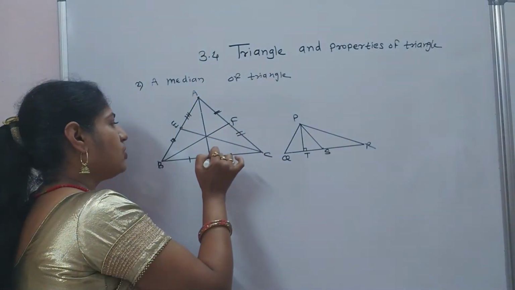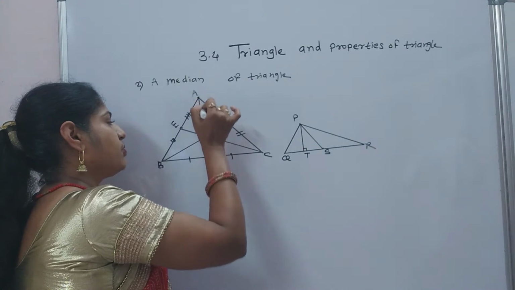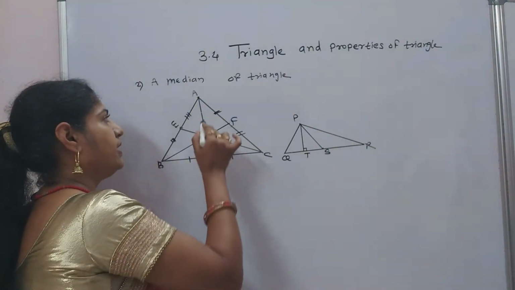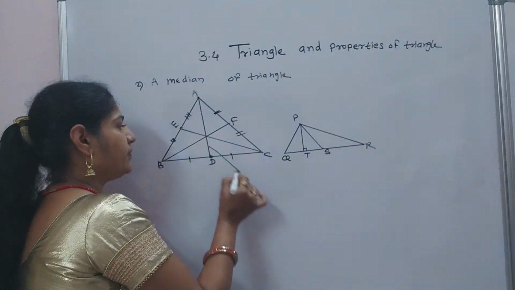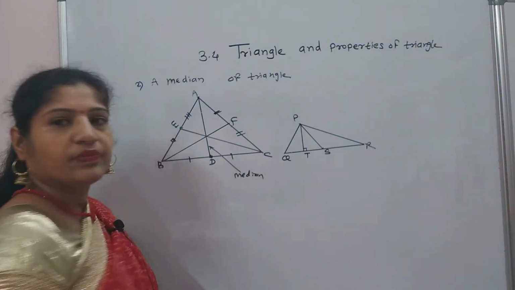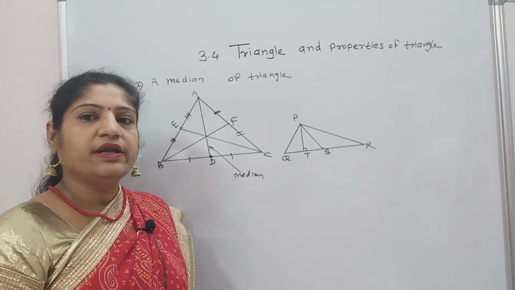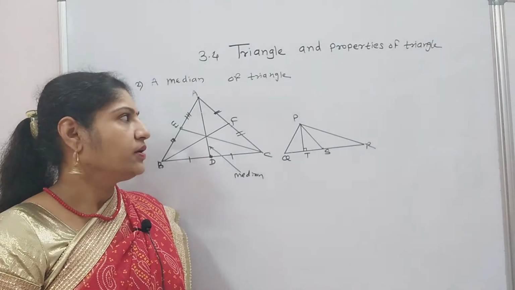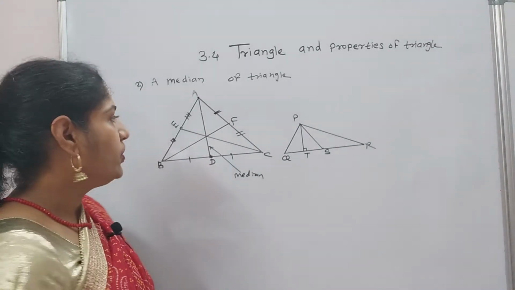The midpoint of the opposite side and the vertex are joined by a line segment, and this is called the median. We can draw three medians of a triangle, and these three medians also have a point of concurrence.